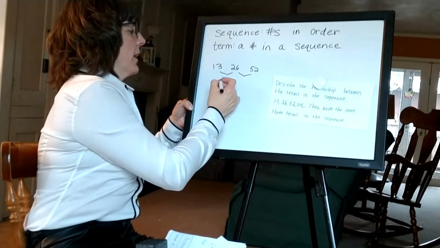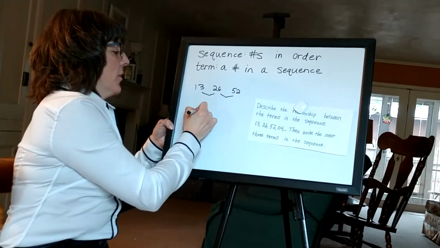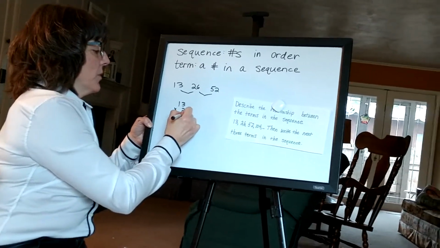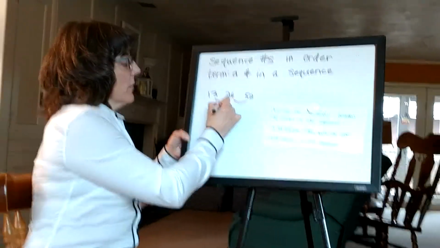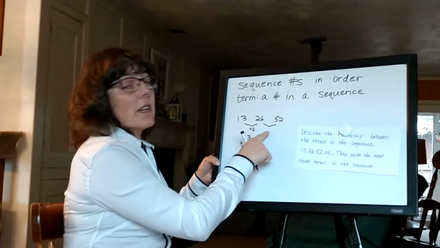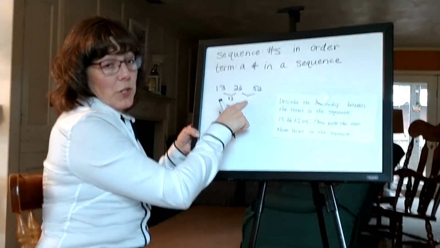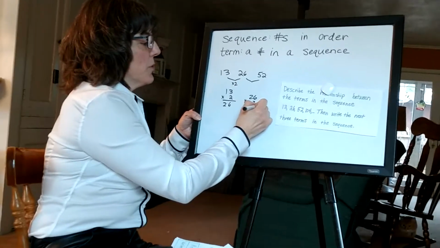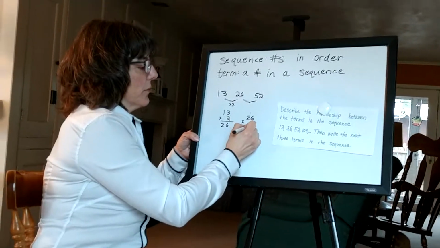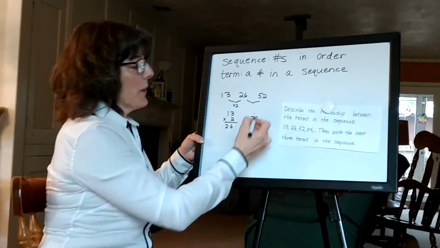Let's try multiplying. I know that 13 times 2 will get me 26. Let's see if it works for this term as well. So if we take 26 times 2, yes, it works.